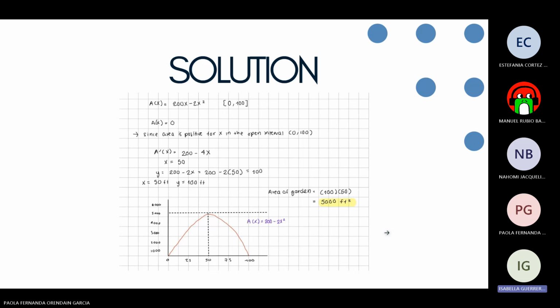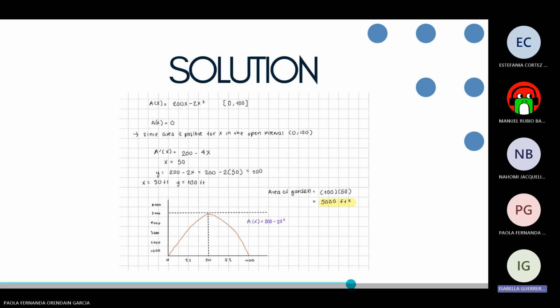Before trying to maximize the area function, we need to determine the domain under consideration. Since y equals 200 minus 2x, the open interval is 0, comma, 100.